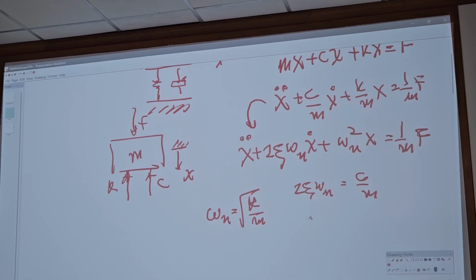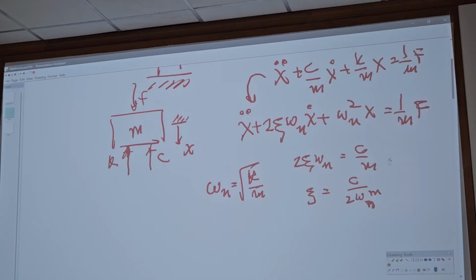If you have zeta equal to c over 2 omega n m, okay? And this one we call c sub c, which is 2 omega n m, right?